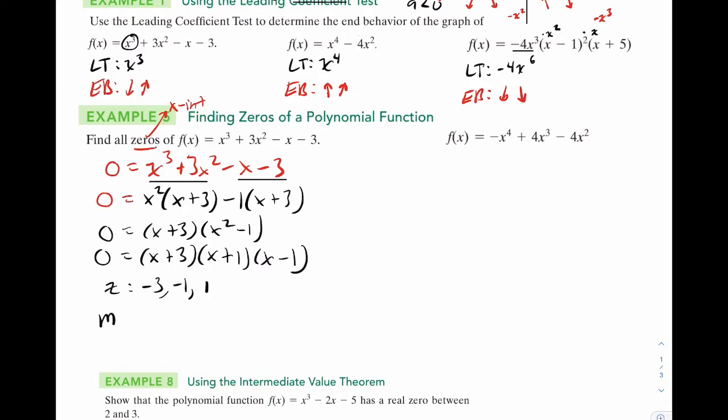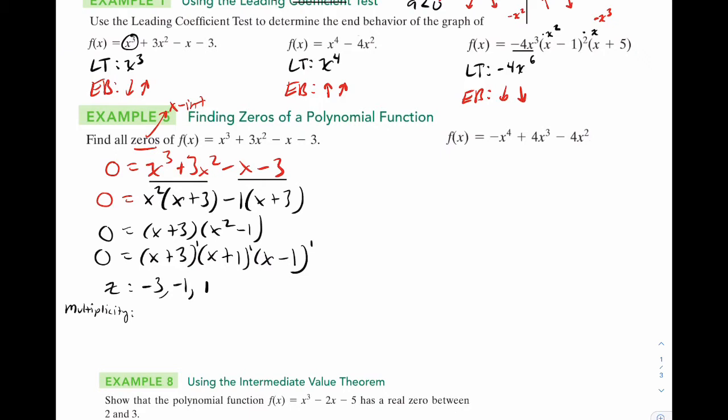Now this m is going to stand for multiplicity. So hopefully you recall that from your last class. The multiplicity is simply referring to the exponent on each of the zeros. So if I look at where the -3 came from, right here, notice how the exponent is 1.